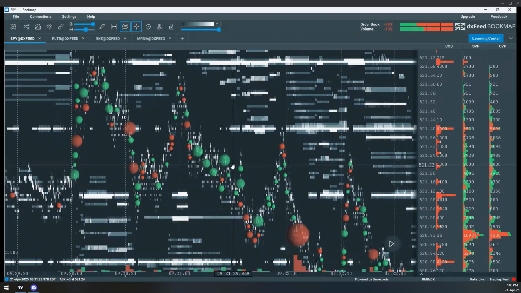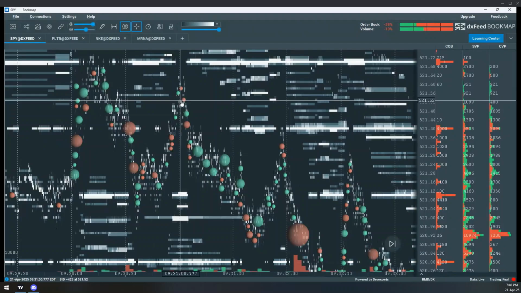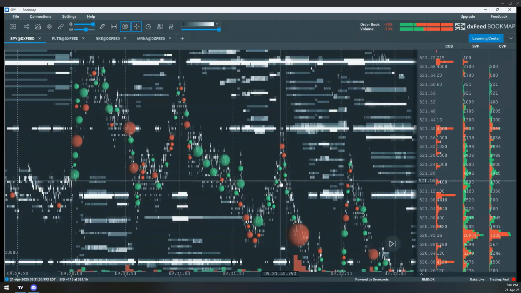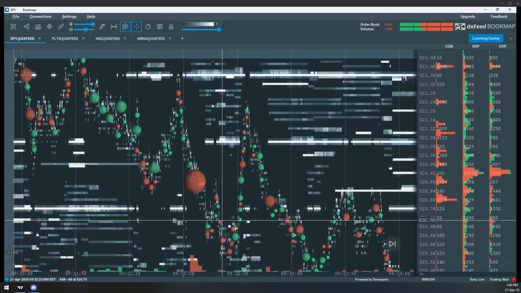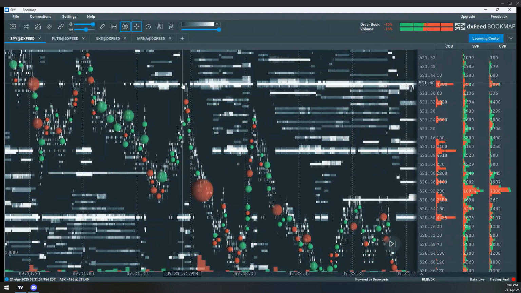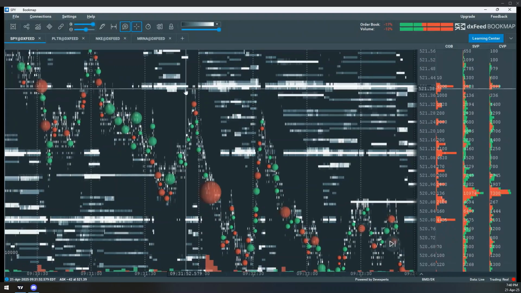So when I got on the play today, I laid it down, and as the price was coming down, I used these areas depending on the order size. That's when I scale.